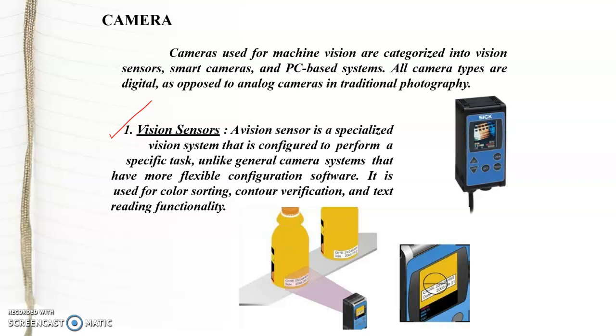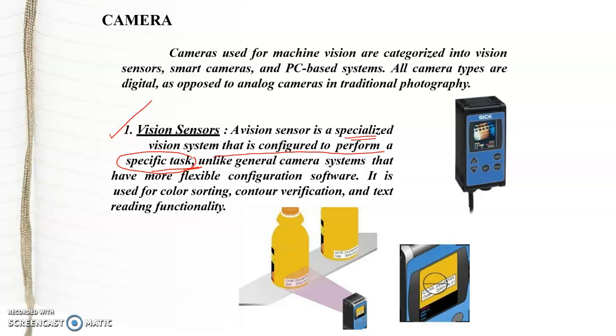A vision sensor is a specialized vision system that is configured to perform a specific task only. It is not like a general camera.